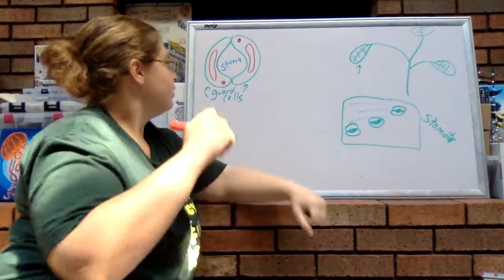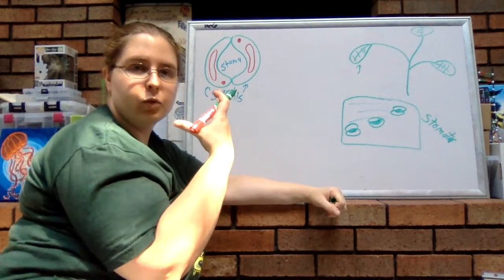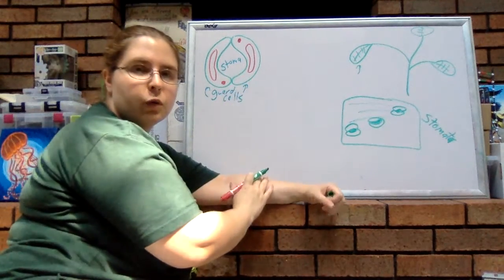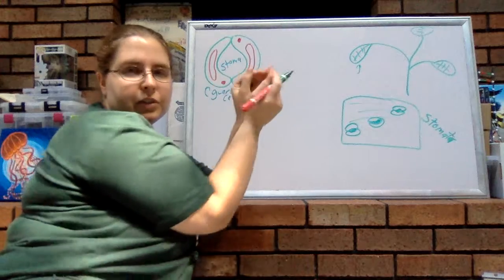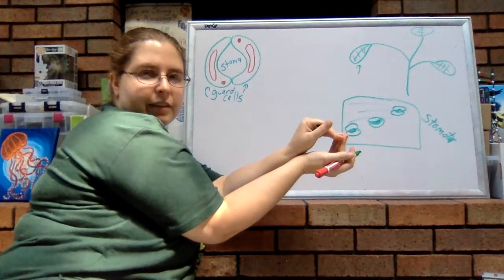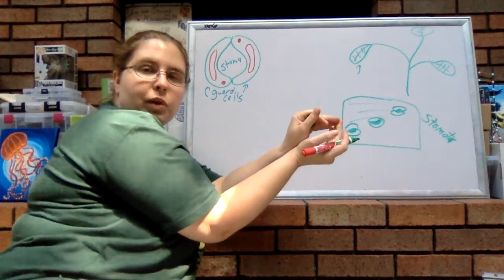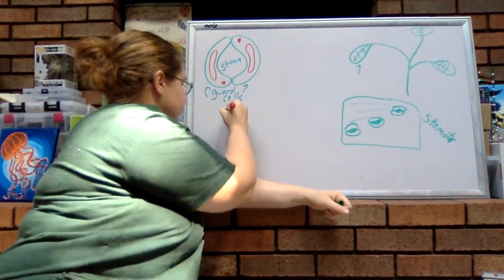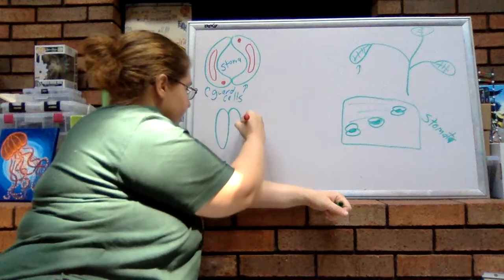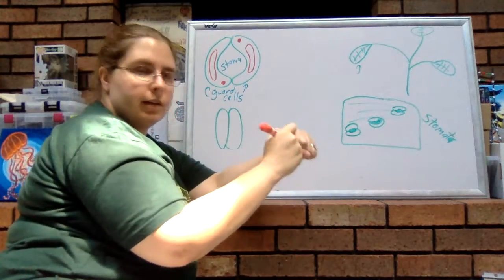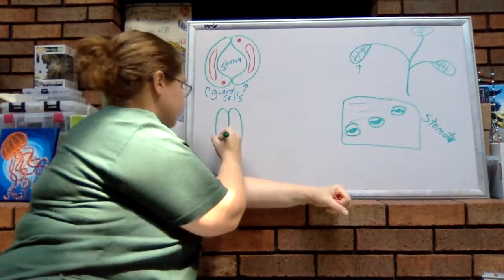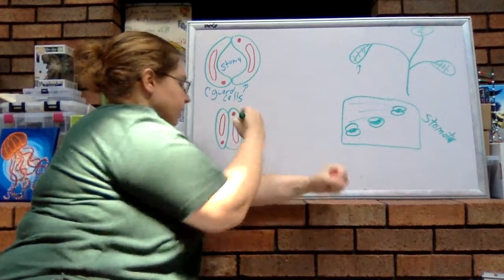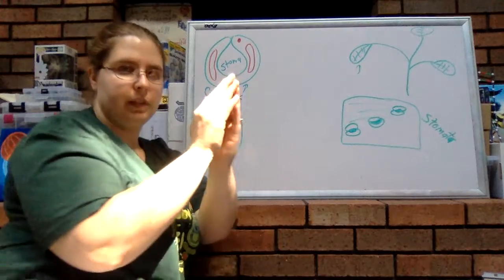And the guard cells are going to let the water leave them. So remember, they filled up with water in order to bulge out and bend to open the stoma. Well, when the water leaves, they relax, and when they relax, they close back up.